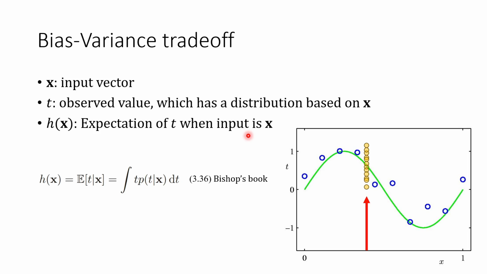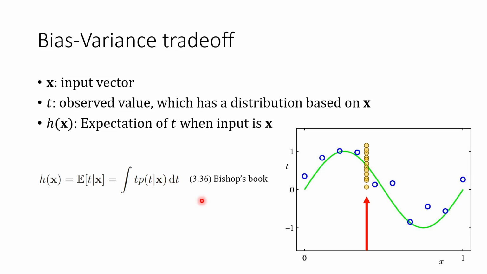Given a range of the t value, there is a probability, but for every point, it is just a density of probability. So the definition of h(x) is the expectation of the conditional t value under x, and the definition of the expectation is the integral of t times its probability, dt.